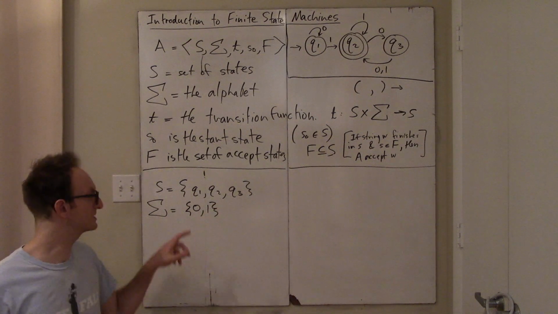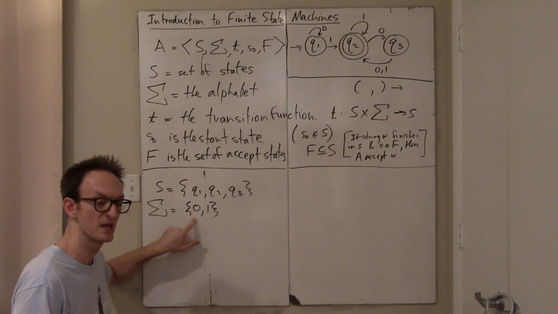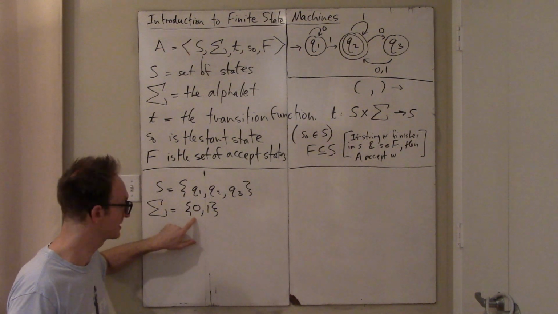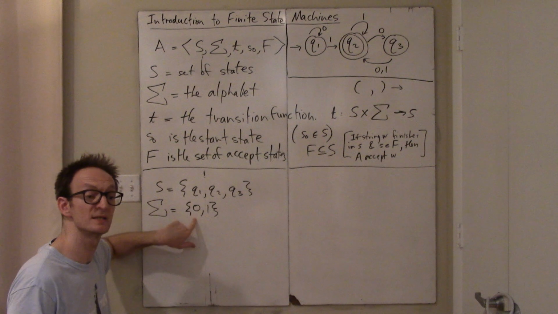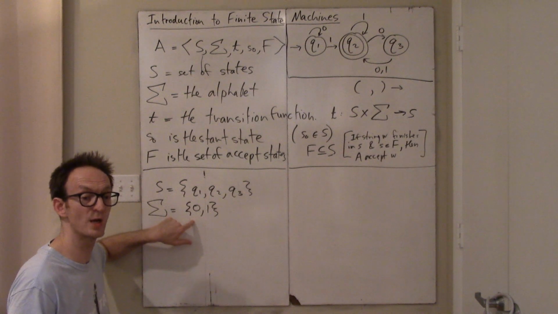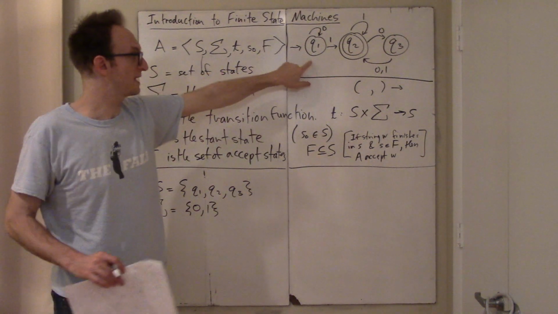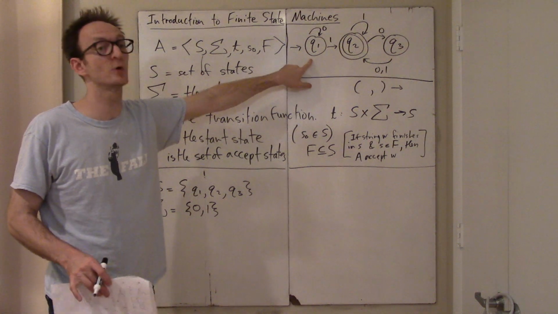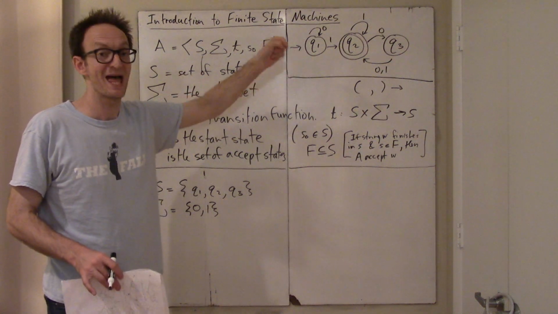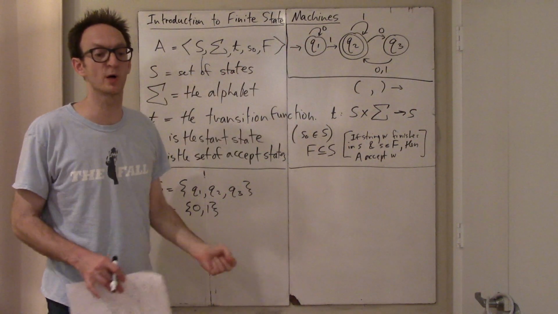Notice that this is important because once you specify the alphabet, you have committed to accepting strings that consist of 0s and 1s only. Therefore, you will note in this machine that I told you what to do at every single state for each of the inputs 0 and 1.